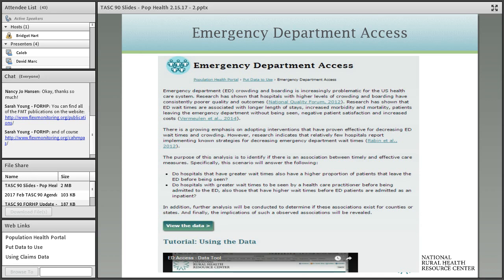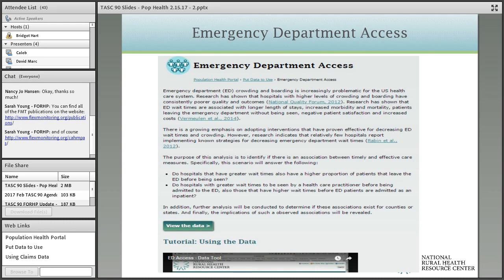The first one I just selected was the emergency department access. This scenario is built around the CAH measure for MBQIP in the outpatient area. There's growing emphasis on adopting interventions that have proven effective for decreasing emergency department wait time and crowding.